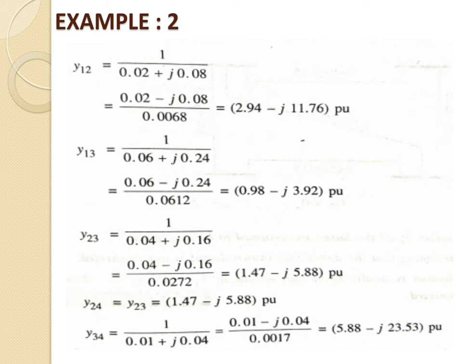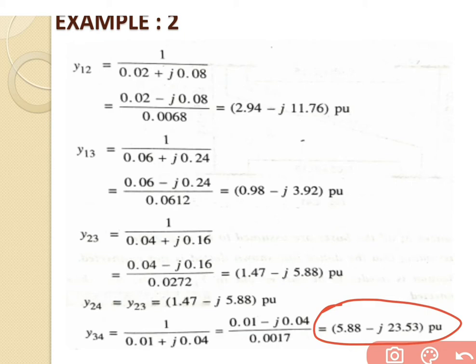From the given value of impedance, 0.01 plus j0.04, try to solve the equation. We will get the answer 5.88 minus j23.53 in per unit.